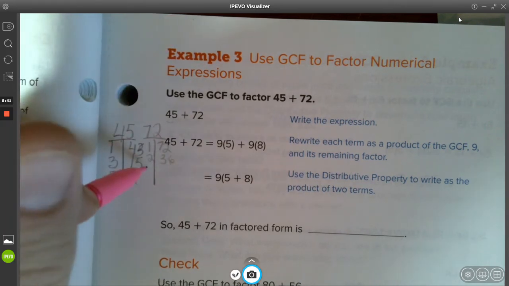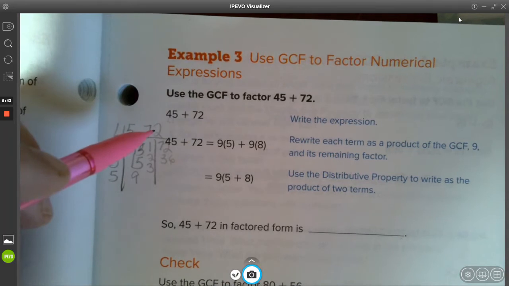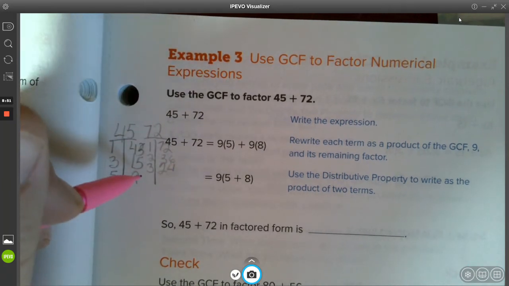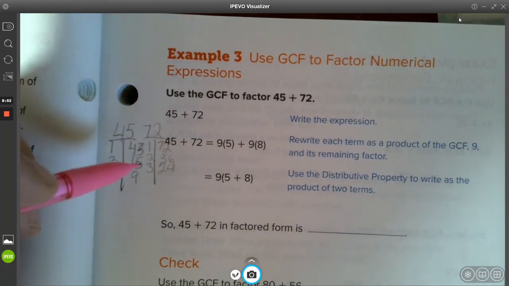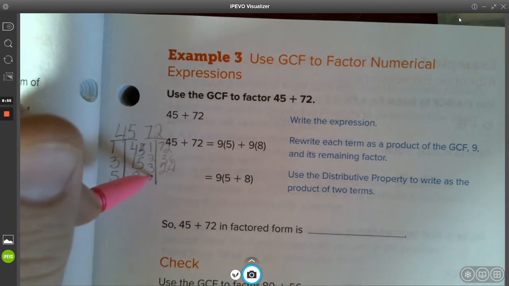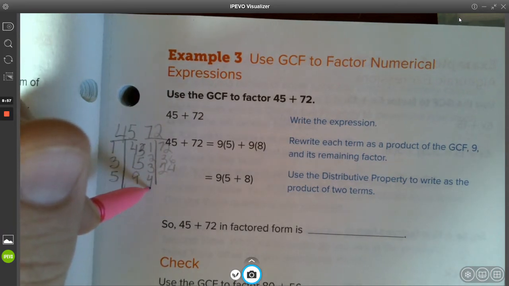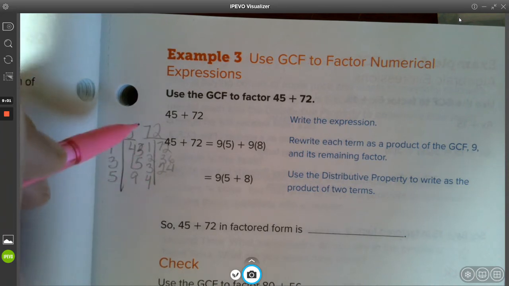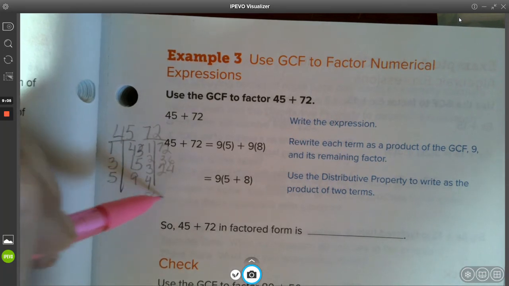3, and let's see, that would be 24. Okay, 4 here. Okay, 5, 6, 7, 8, 9, right? So 9 times 8, right?